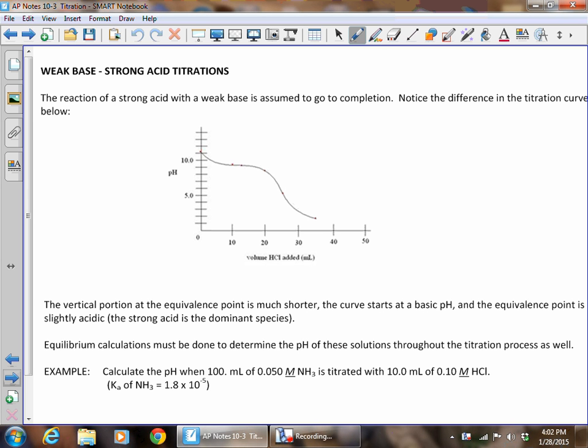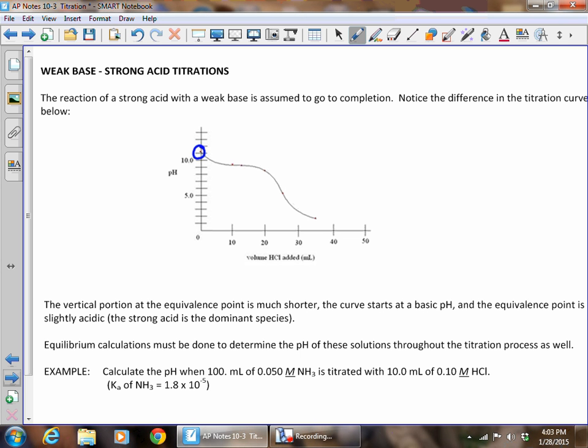And you'll see here the titration curve for the titration of a weak base with a strong acid. Now notice that we're titrating a weak base. So for the first time, we're dealing with a higher pH at the beginning. So we're dealing with a base in our container. So we're going to have a pH up here, not up at 14, it's a weak base, but we're going to have a relatively high pH.